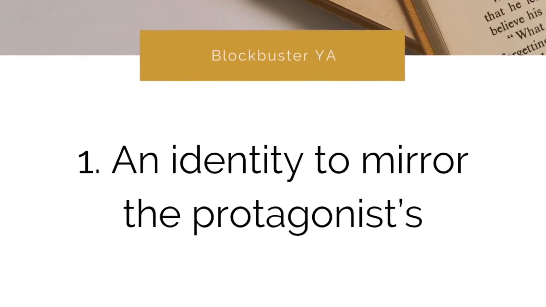1. An identity to mirror the protagonist. So to form your antagonist identity, you can follow one of two molds. First, you can make your protagonist and antagonist share all of the same qualities, except for one key moral difference that makes them enemies. So for example, they can have an unsettlingly similar upbringing, evenly matched skills and strengths, and they might even be similar in appearances.